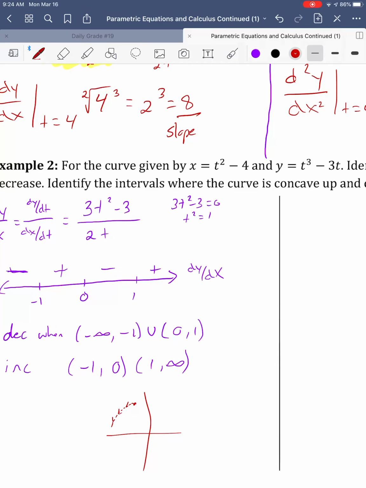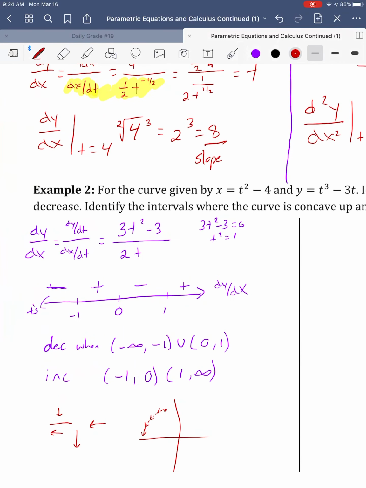That's considered increasing. That's a little weird, but remember there's two movements here. This thing is moving left and moving down. So my slope is the down movement over the left movement. So it's a negative over a negative, which results in a positive. Where dy/dt and dx/dt are both negative, the overall slope is positive.